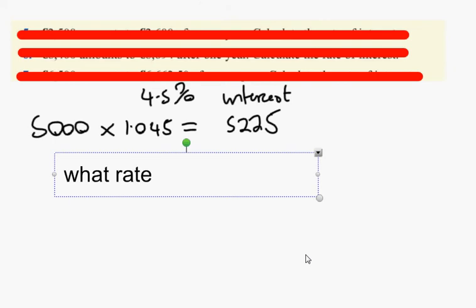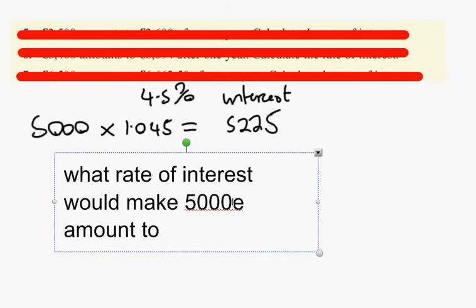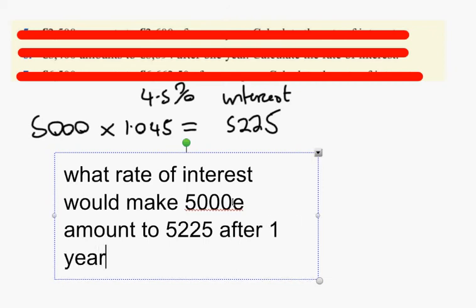What rate of interest would make €5,000 amount to 5225 after 1 year? What's another way of asking the same question? What rate of interest would give you €225 interest in 1 year?